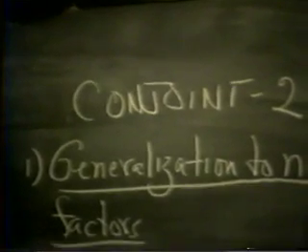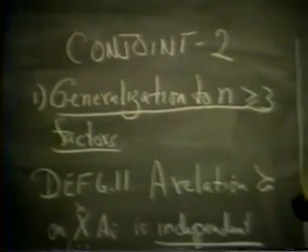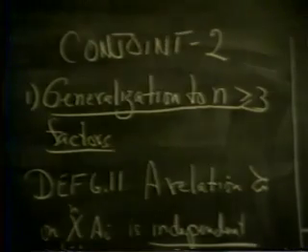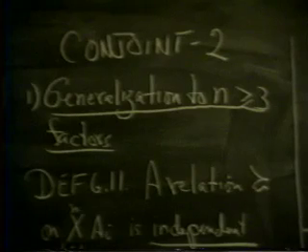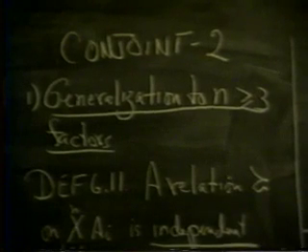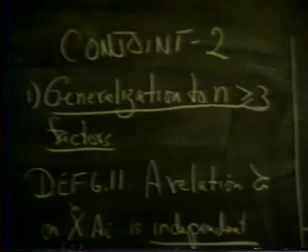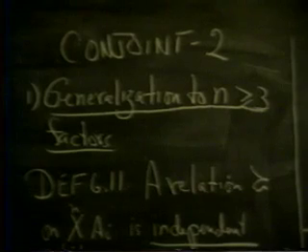Let me try and describe the situation with n factors. The first thing we have to do is introduce the definition again of independence when you have more than 2 factors. And there are 2 ways one can think of doing it, and I will present one of them.